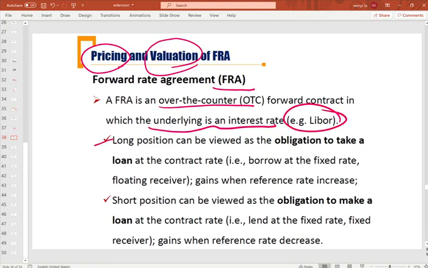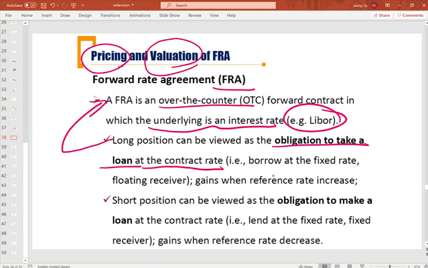If you take a long position in the FRA, you have the obligation to take a loan in the future at the specified contract rate.